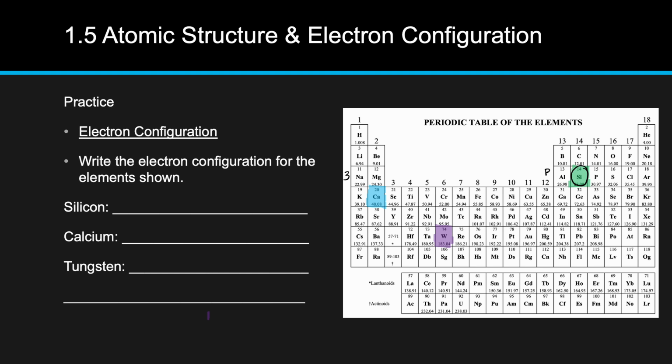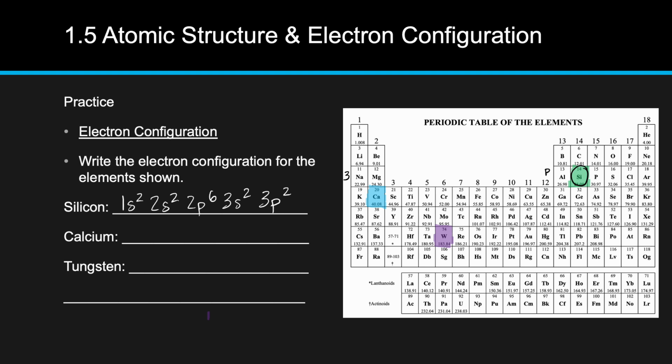So we can start at the very beginning with hydrogen at 1s2 because it is filled. Then we go to 2s2 because again it's filled. Then 2p6 and 3s2, and then we are at our final sublevel, which is 3p, and it is the second element, so it's going to be 3p2.